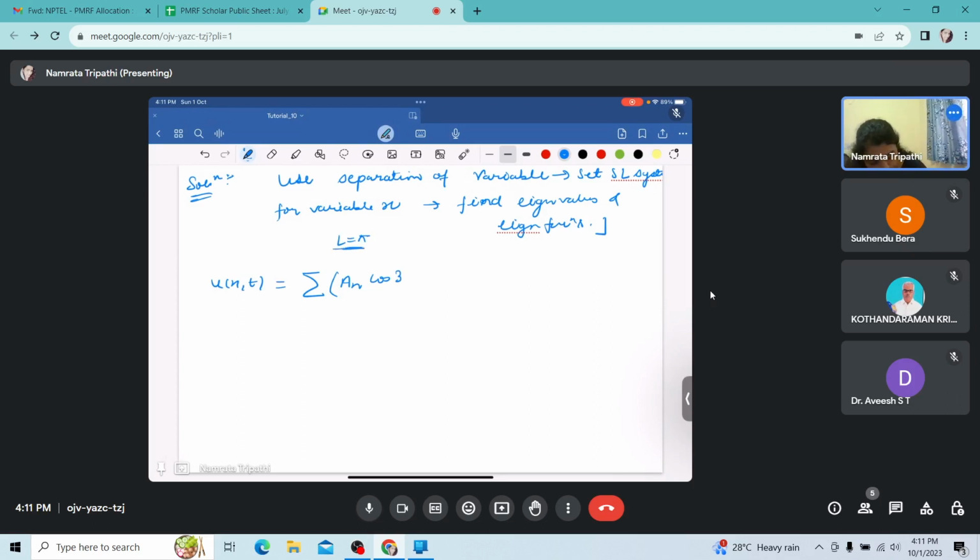So 3n pi t upon L becomes n pi upon pi into t, pi will cancel out. Here also 3 and pi cancel out, and the difference will become here in place of sine.